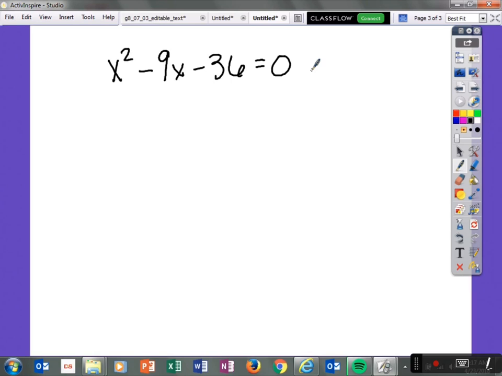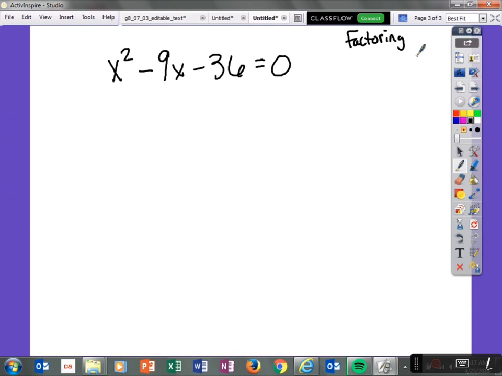All right, write this one down. X squared minus 9x minus 36 equals 0. Solve by factoring. Write that at the top.